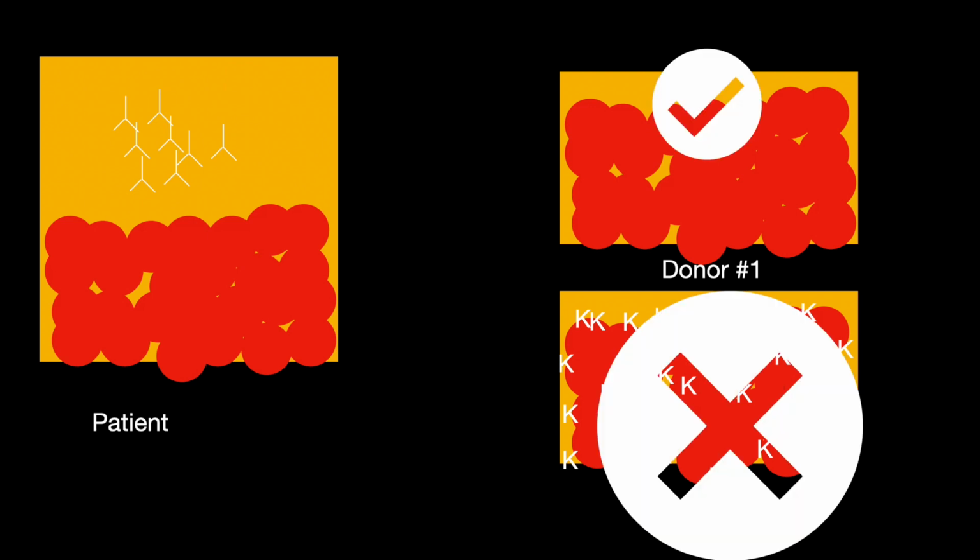You would not want to give donor 2 blood to the patient, otherwise the antibodies can bind, and that can lead to hemolysis, renal failure, DIC, and death. I mean, these are very rare instances, but it can happen, and you want to give donor number 1 blood to the patient.